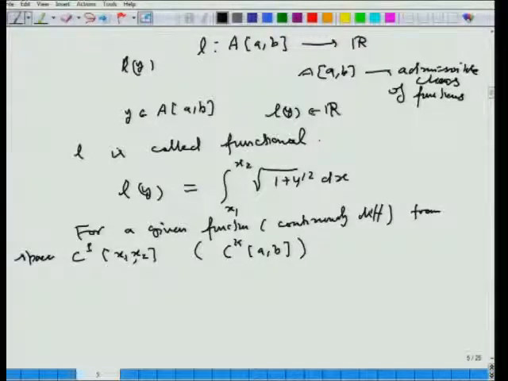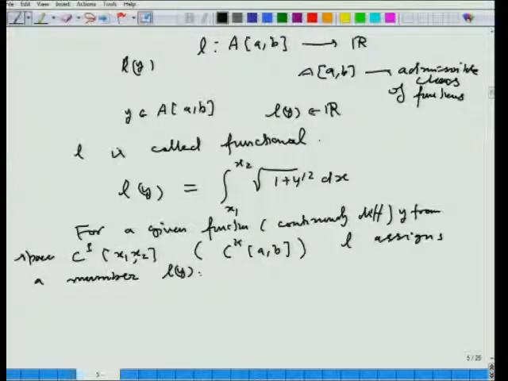So, that is the admissible class of functions for this functional L to be defined. Here, for any given function y from this space, L assigns a number Ly.